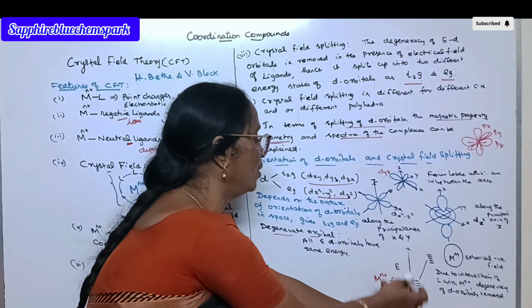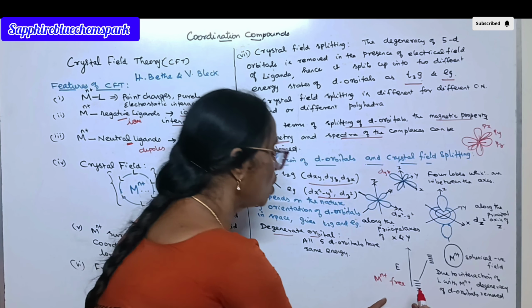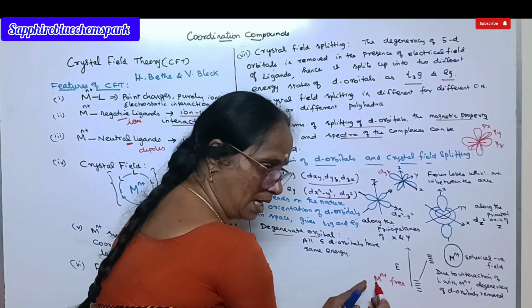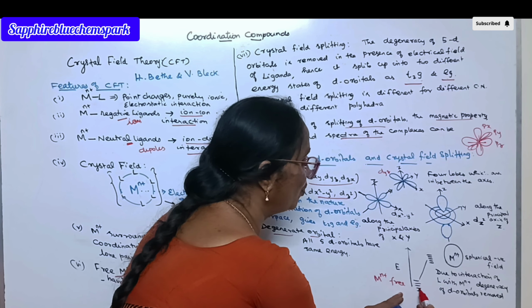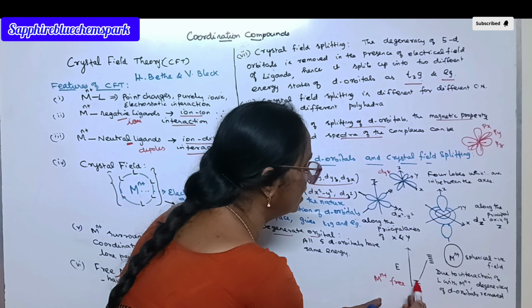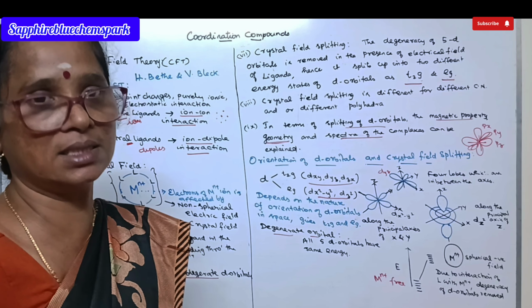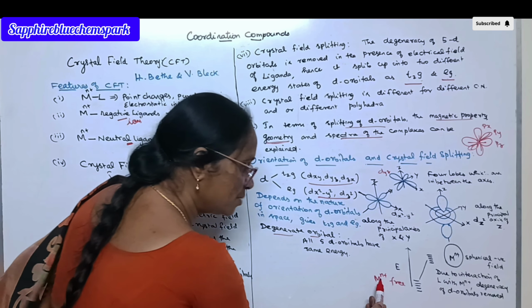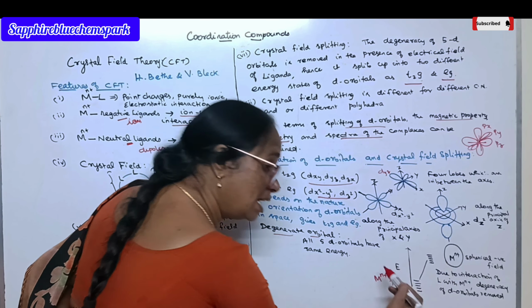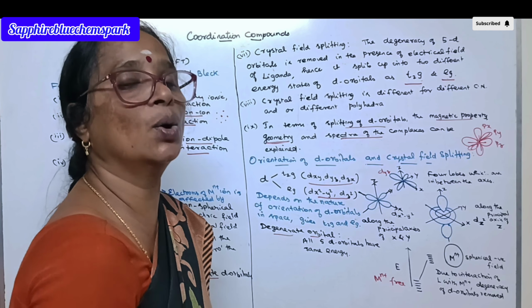So in the free state of the metal ion, the 5 d orbitals have the same energy and are present in the lower energy state. When this metal ion comes under the influence of ligands, what happens?